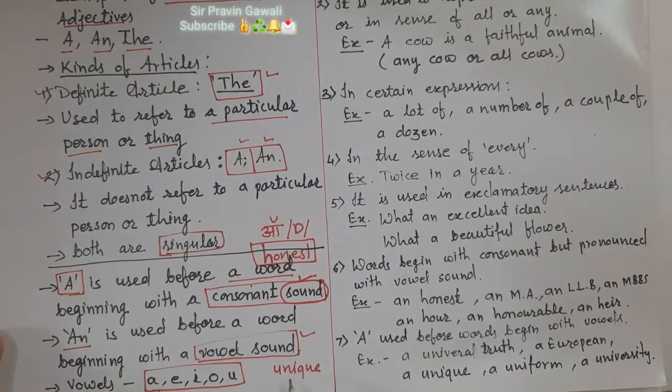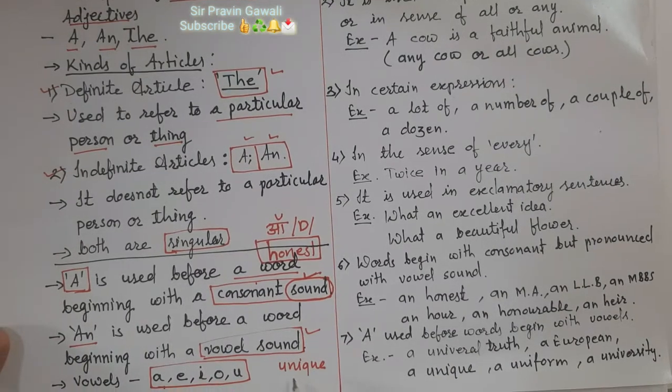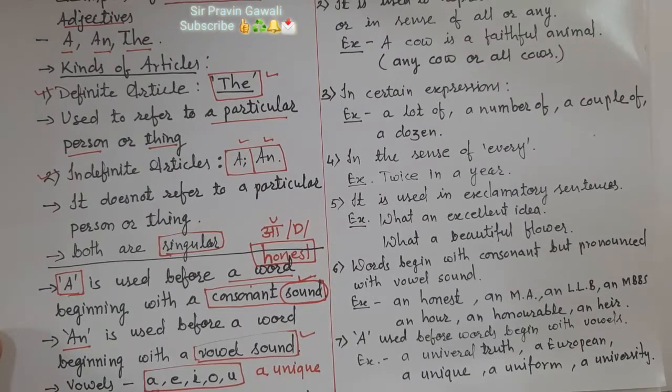Student, unique, unique. When we pronounce it, the initial sound is a consonant. So, we will use the article a in front of unique, not an, because even though it starts with a vowel letter, it is pronounced as a consonant.